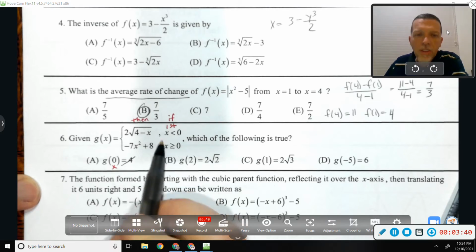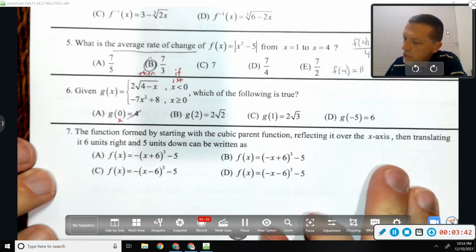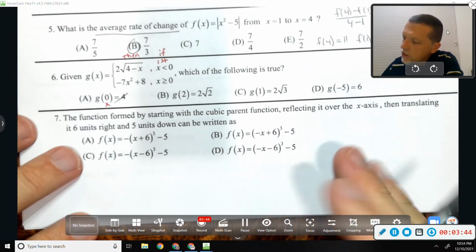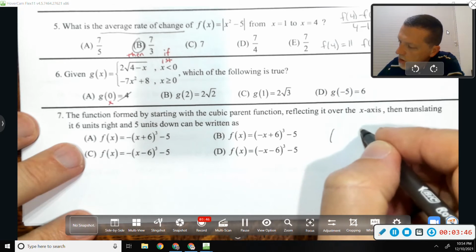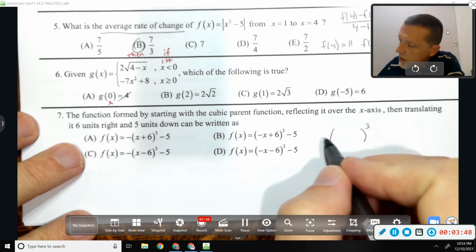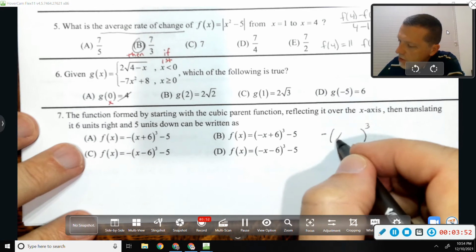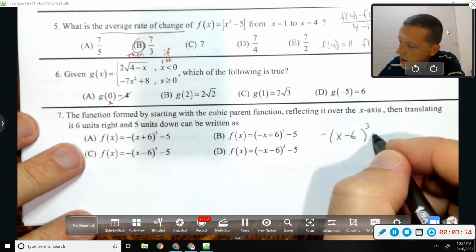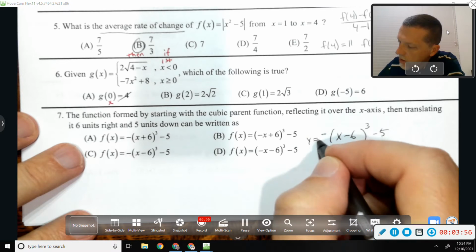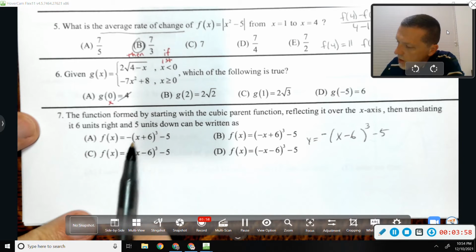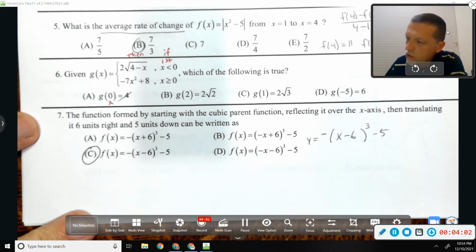Just make sure you use the second column first. Number 7, the function defined by starting with the cubic parent function, reflecting it over the x-axis, translating it 6 units right and 5 units down. So negative x minus 6 cubed minus 5 is answer choice C.